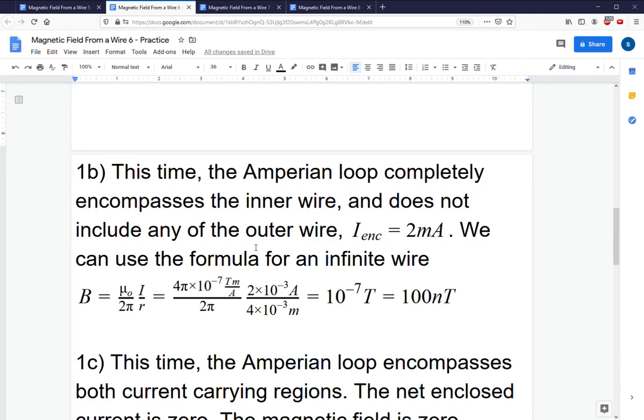So because we have our current completely enclosed, we can go ahead and use this formula right here, mu sub naught over 2 pi times I over r, plug in our values, and we get that at that distance, the magnetic field is 10 to the negative 7th Tesla, or 100 nanotesla.